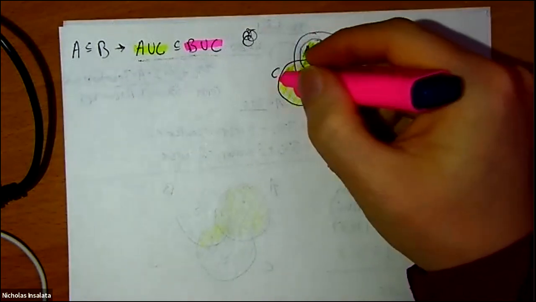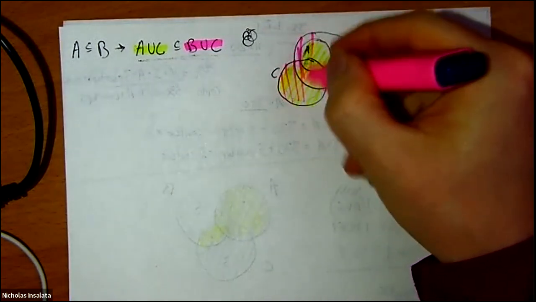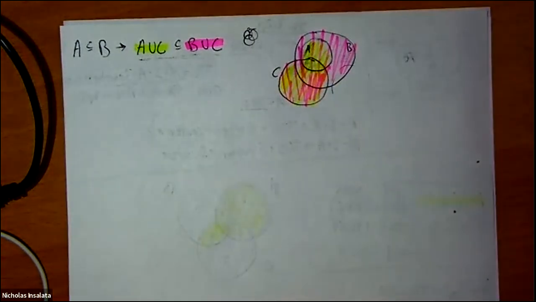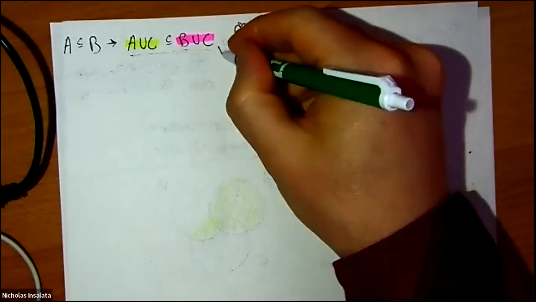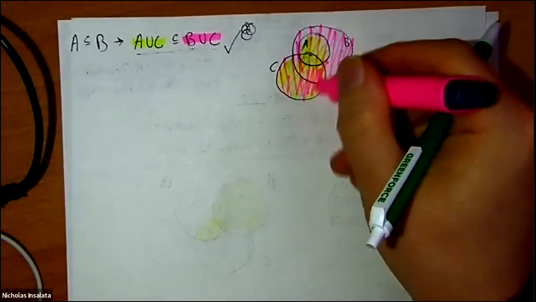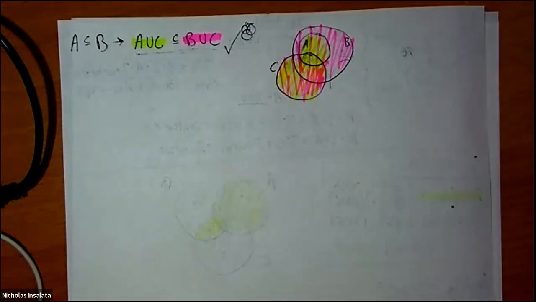Well, here's B union C. It's the whole thing, right? So yes, it is. So I think a Venn diagram does work in this particular situation. David, does that make sense?